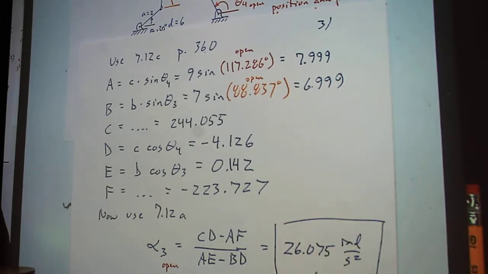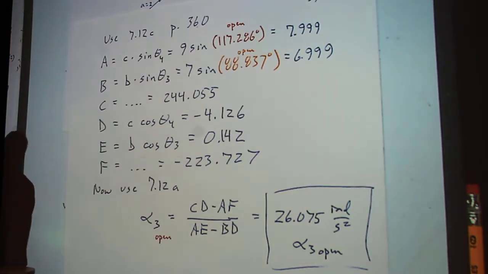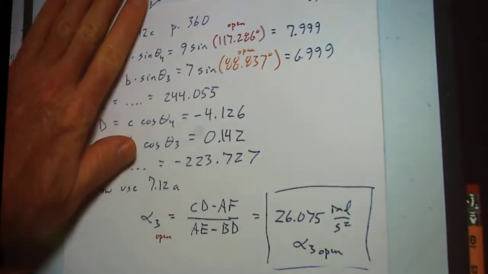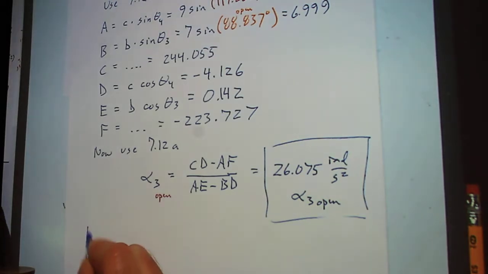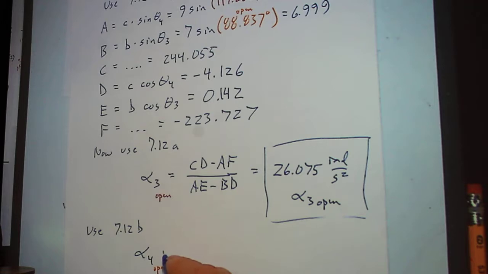I'd ask for you to box your answers. It makes it a lot easier to grade it when you box your answers. And we use 7.12B to find alpha 4 open. And the colors of this don't mean anything.